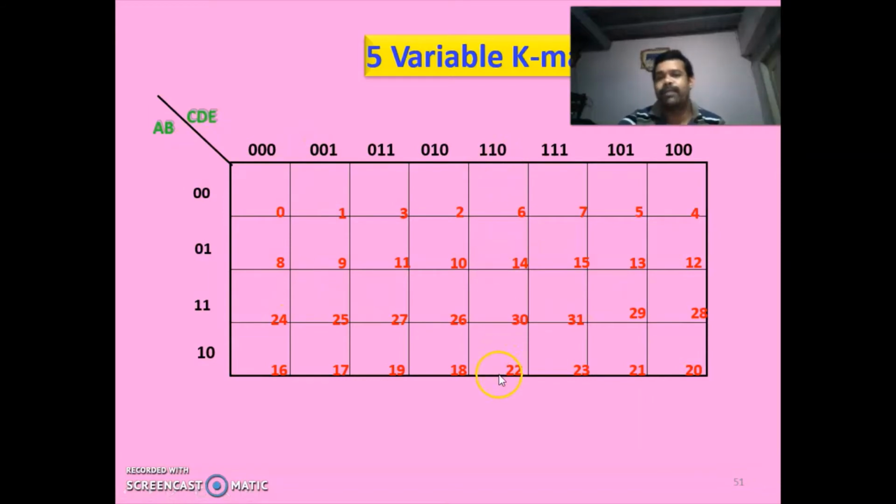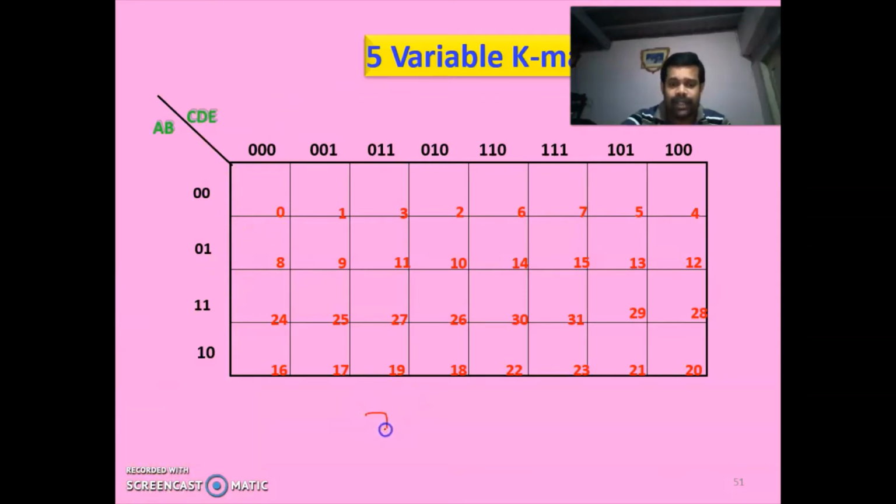So how are we implementing this? We are going to implement this 5 variable map by using 4 variable maps. Why? Because totally you are having 32 cells.